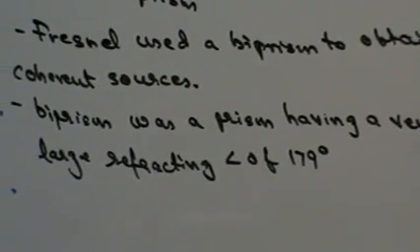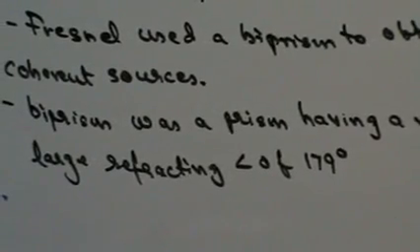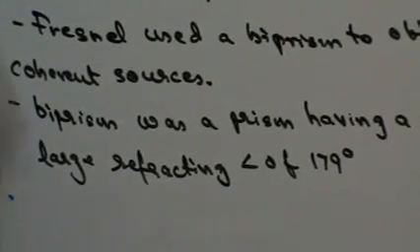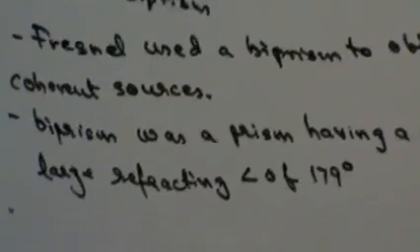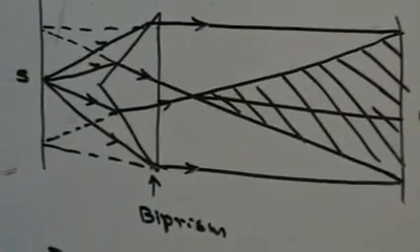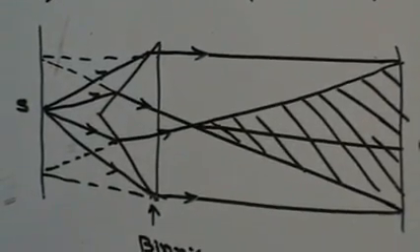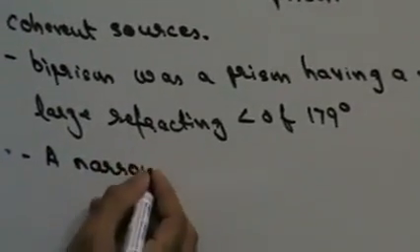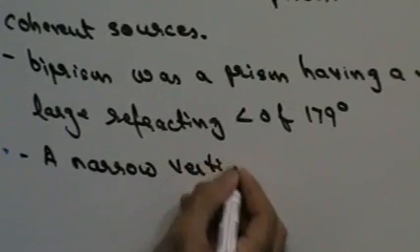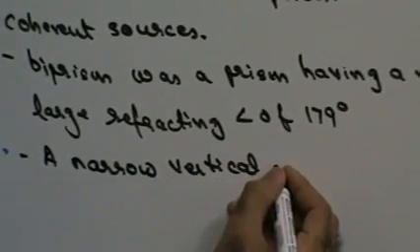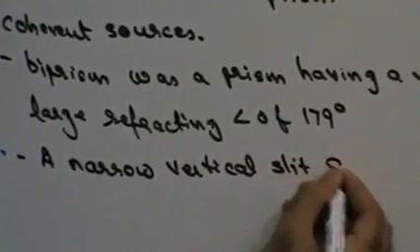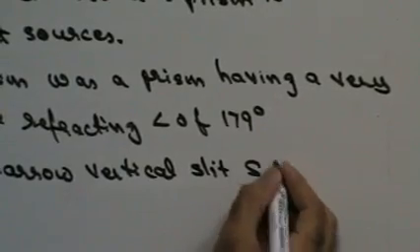Now, this is the ray diagram for Fresnel's biprism experiment. You had a narrow vertical slit S, which is illuminated by a source.